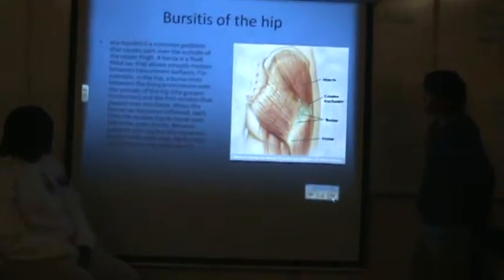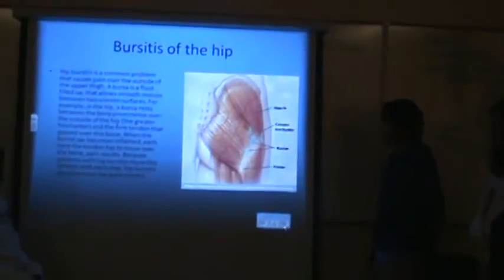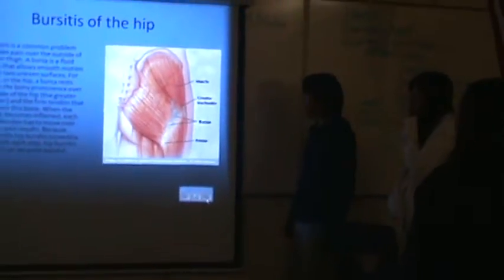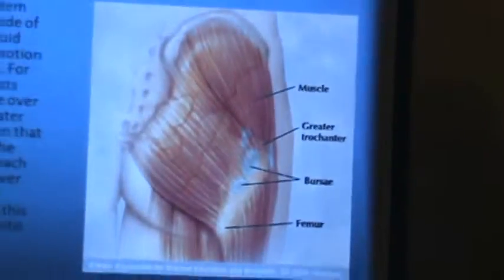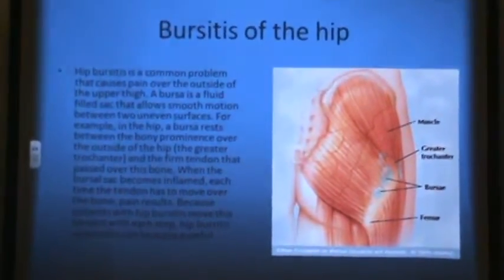A bursa is a fluid-filled sac that allows smooth motion between 2 uneven surfaces. For example, in the hip, a bursa rests between the bony prominence over the outside of the hip, the greater trochanter, and the firm tendon that passes over this bone.